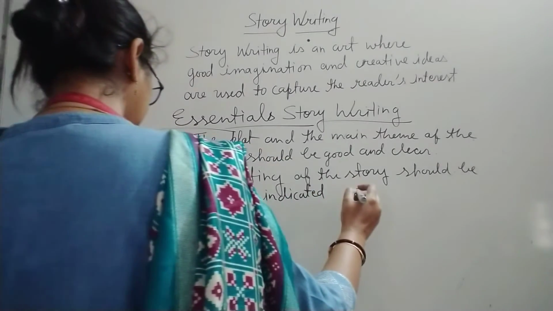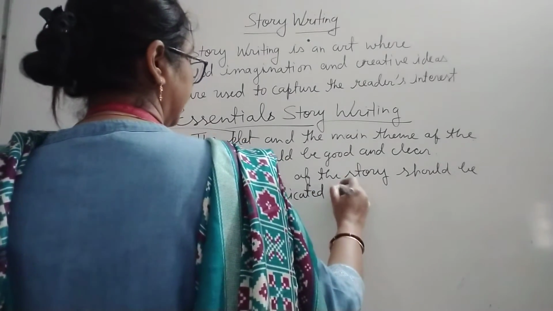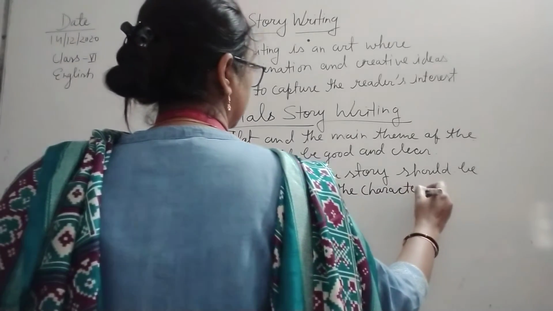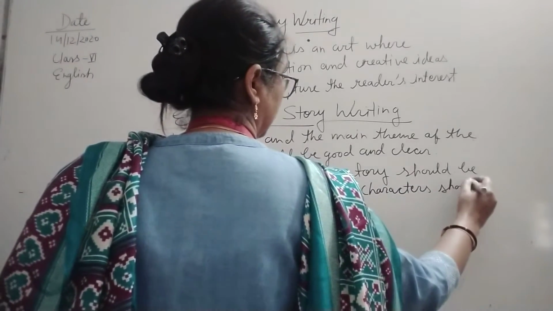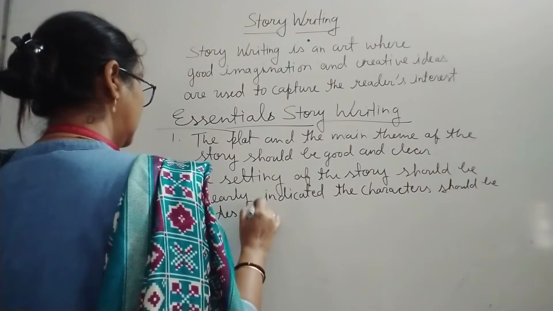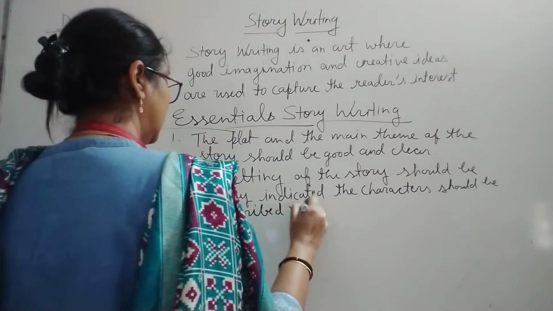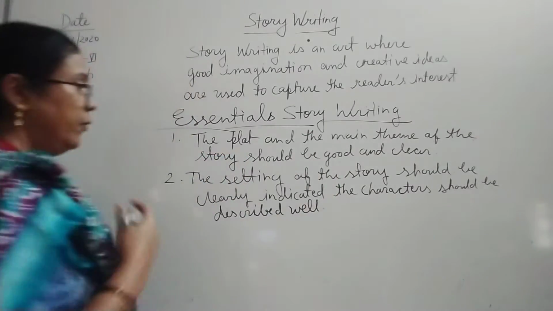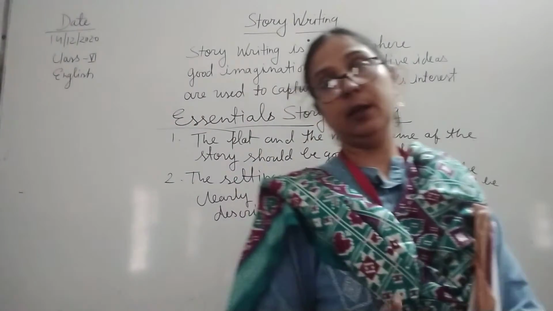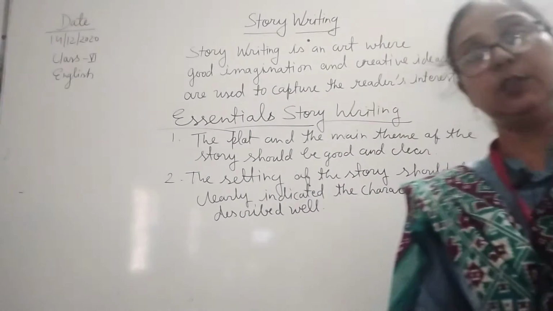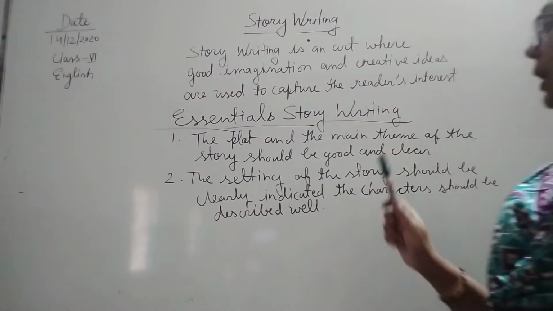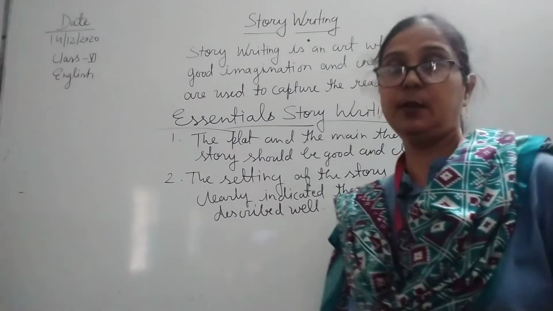The characters should be described well. Now children, here one thing that is very important, that the theme must be good and clear. Now the second thing which is important, that is the setting of the story should be clearly indicated, and the characters.